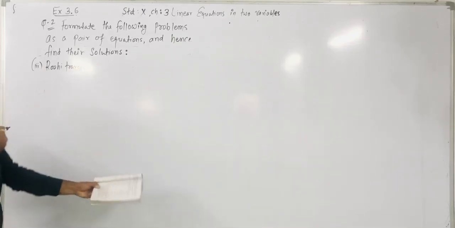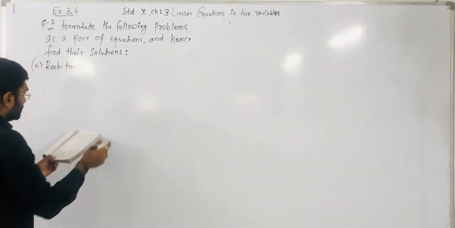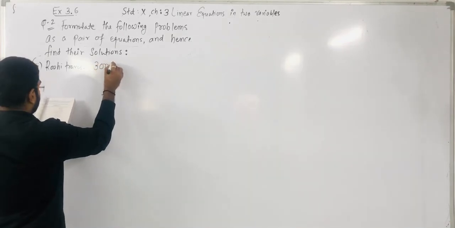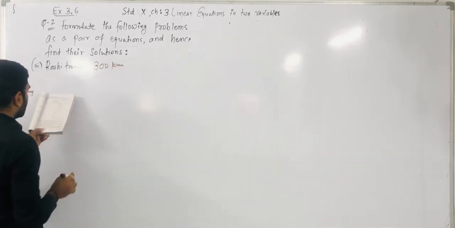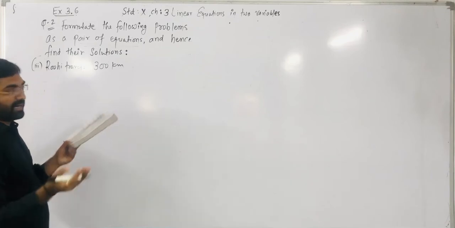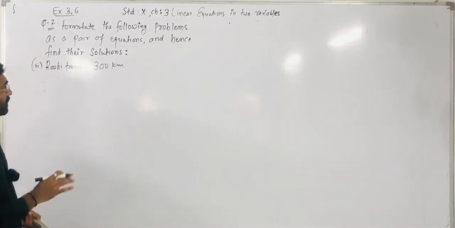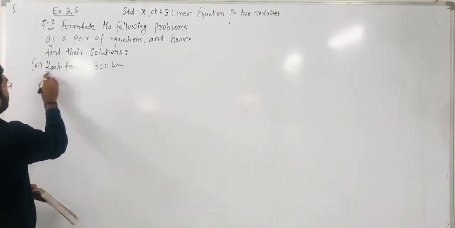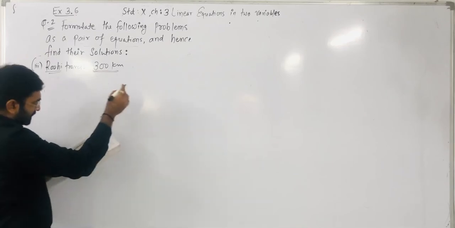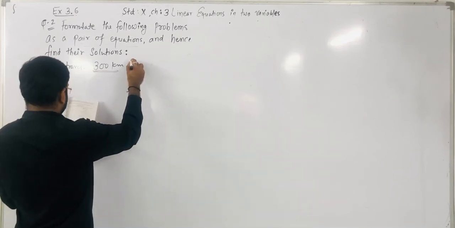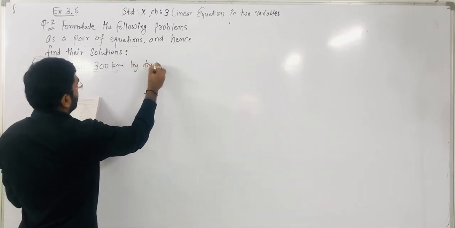Here I write the important things in that question. 300 kilometers to her home, partly by train and partly by bus. Okay, from the office, she travels a total of 300 kilometers, partly by train as well as by bus.